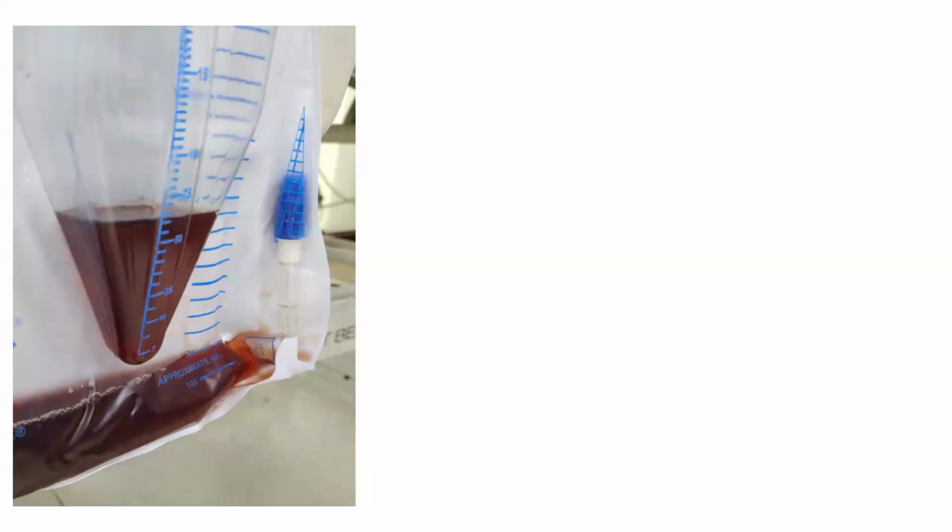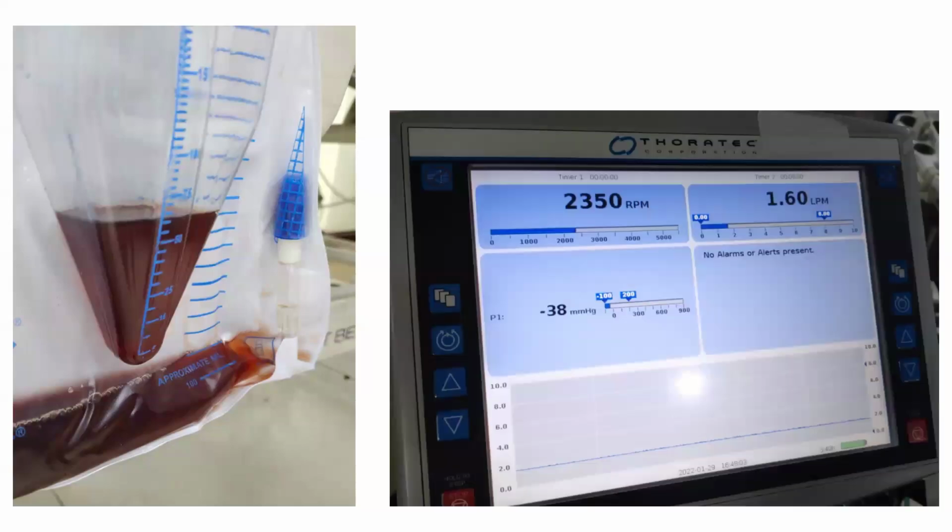But after a few hours, we found that the urine color had turned cola colored. If it is cola colored urine, then obviously the diagnosis is that there is some hemolysis going on somewhere. And most commonly in the pediatric, it is because of the flow turbulence in the drainage cannula. We checked the pre-pump pressure.